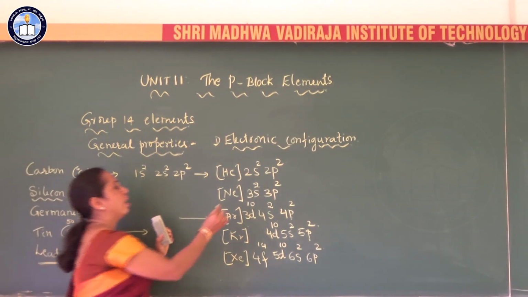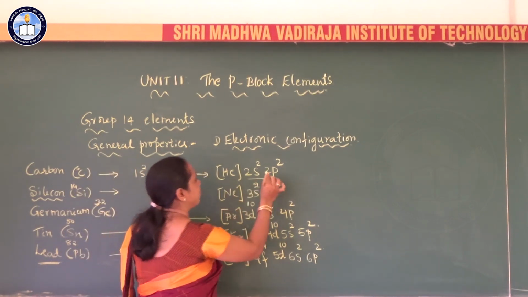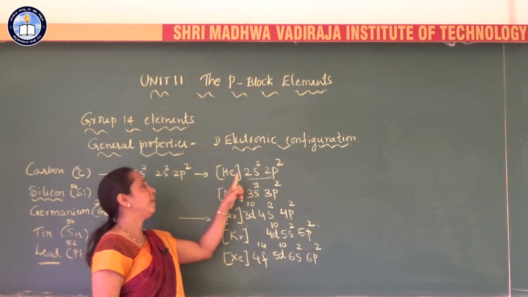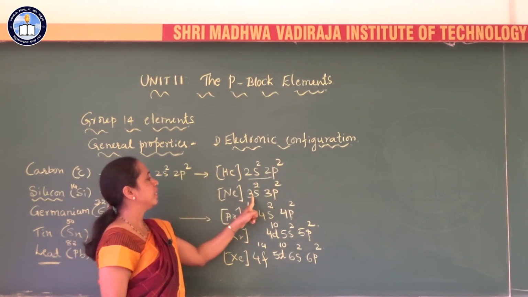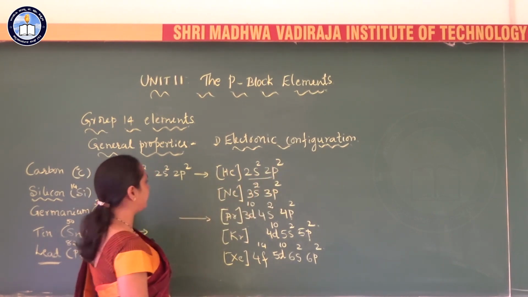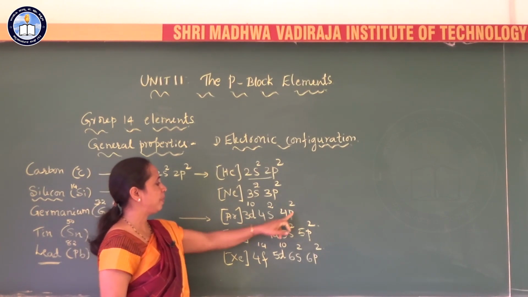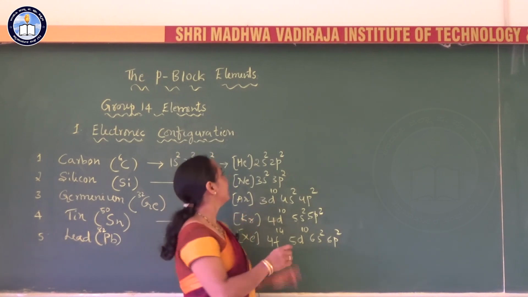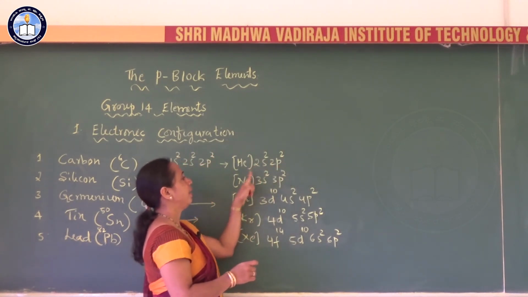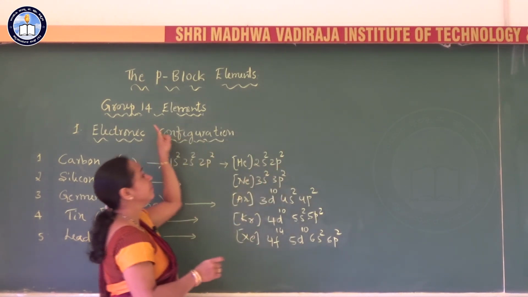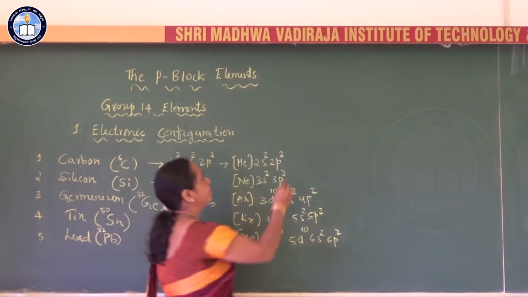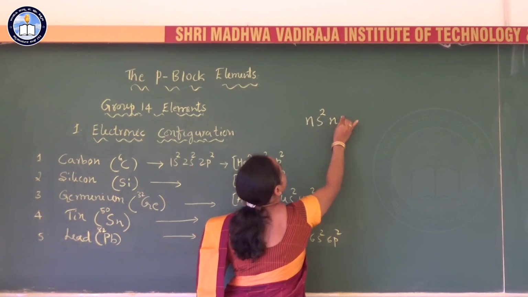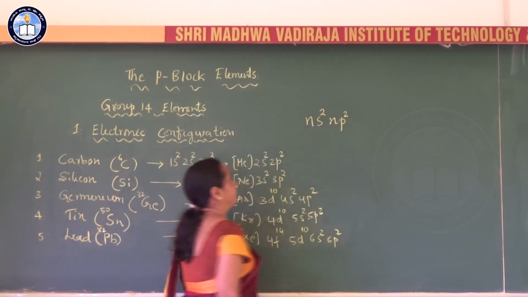So if we observe the electronic configuration of these 14th group elements, in carbon it is 2s2 2p2, then 3s2 3p2 in silicon, here 4s2 4p2, and if you continue this, the general valency shell electronic configuration of these 14th group elements can be written as ns2 np2.